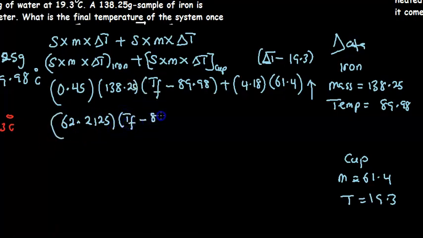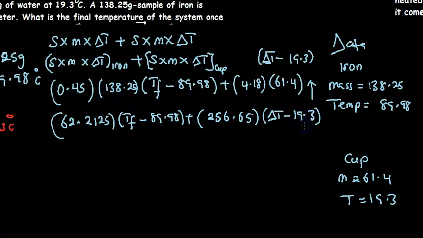If you multiply 4.18 by 61.4, this is simply going to be 256.65. So the thing you are going to be left with is TF minus 19.3. Notice here in the middle we have a positive sign, meaning these values here are for iron, and these values here are for the coffee cup calorimeter.